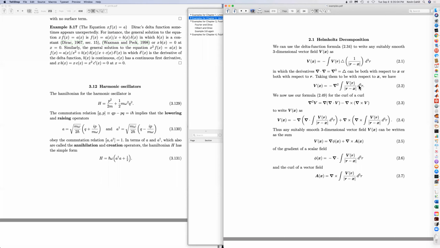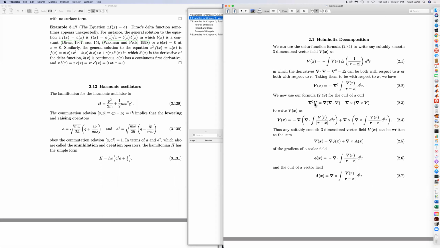And now what we can do is say, well, these are double derivatives, so they can be either with respect to x or with respect to r. If we assume they're with respect to x and we pull them out, then they're just differentiating with respect to x.